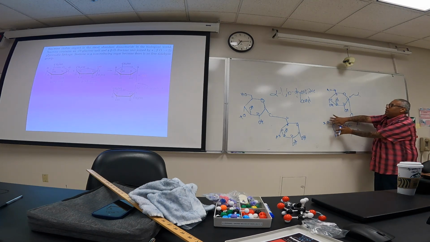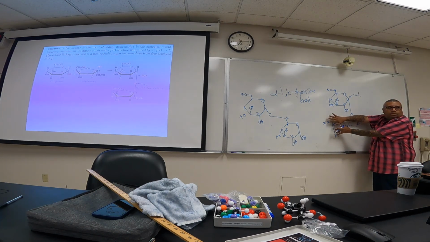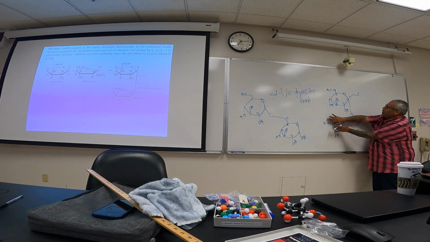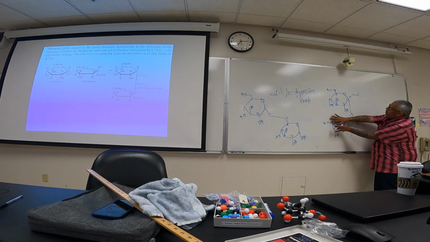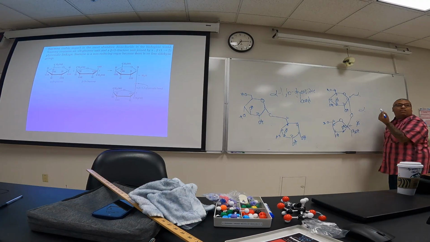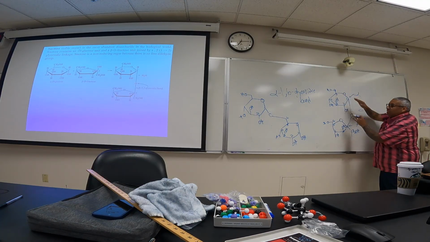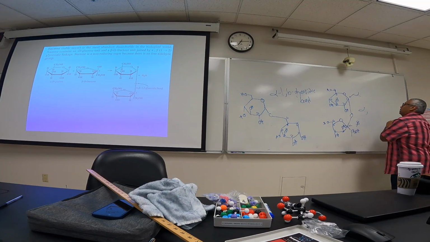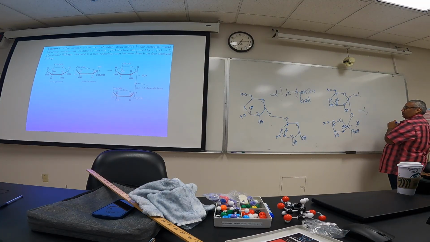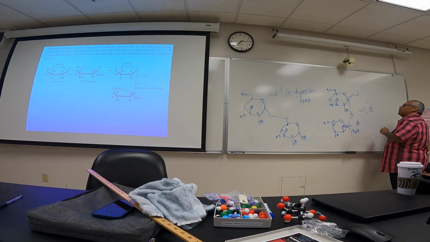Let's ignore this bottom one. Is this alpha or beta? It's alpha. Okay, so we know it's alpha. Now ignore the top one. Is it alpha or beta? It's beta. Alpha, beta.